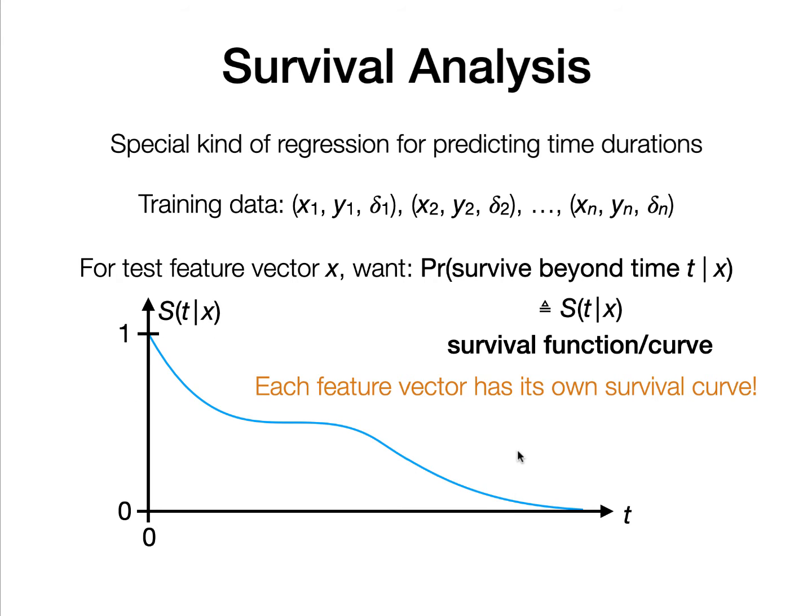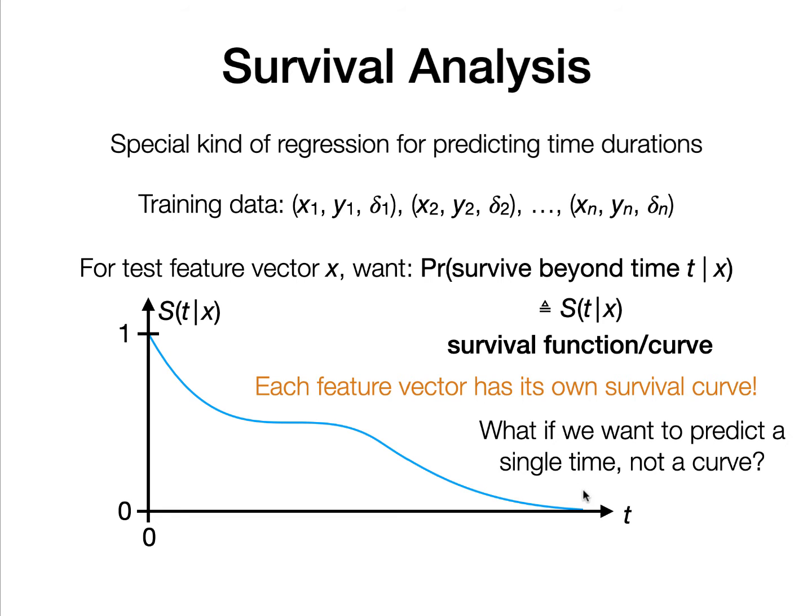And also, if you did want a point estimate for the survival time, there are different ways to back it out once you know S. I'll give you 2 example ways of doing this. One way is you look at where this blue curve crosses 1/2. Where it crosses 1/2, you look at the time.